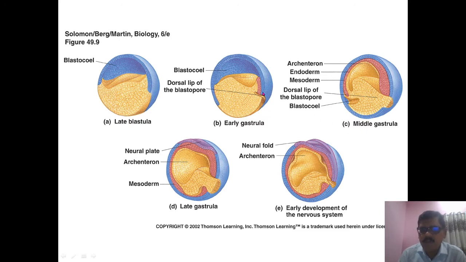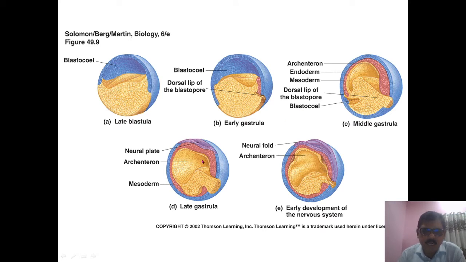This is the early gastrula stage. As the process advances, in the middle gastrulation stage, the cells move inward, and this blastocele is now displaced by another cavity, called the Archenteron cavity.